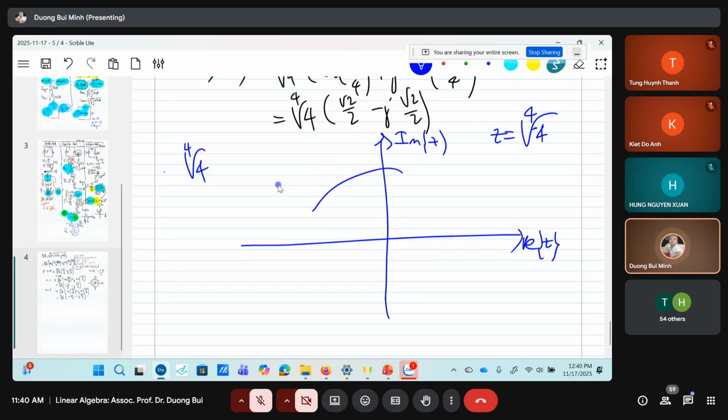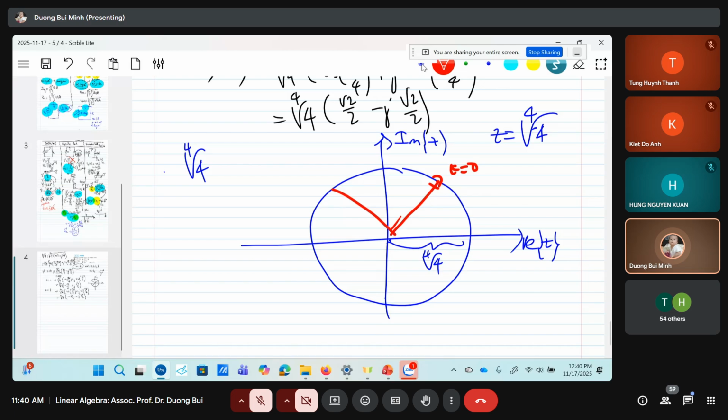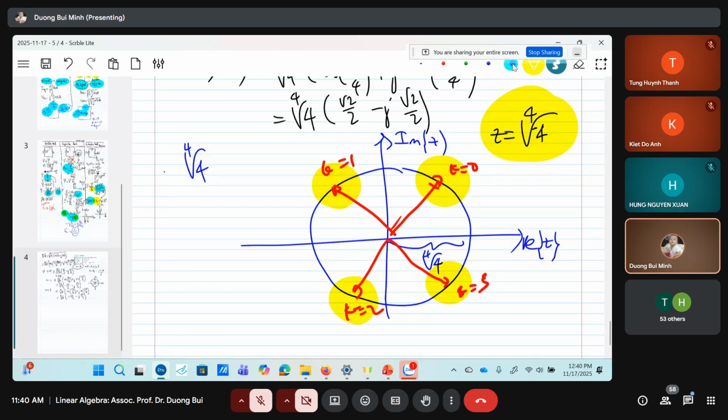So you can get the circle like this, and the radius of the circle is the fourth root of 4, and here is k equals 0, here is k equals 1, here is k equals 2, and here is k equals 3, and then repeat. So we have 4 points. This is the polar form of z, the fourth root of minus 4, and this one is the magnitude of z.